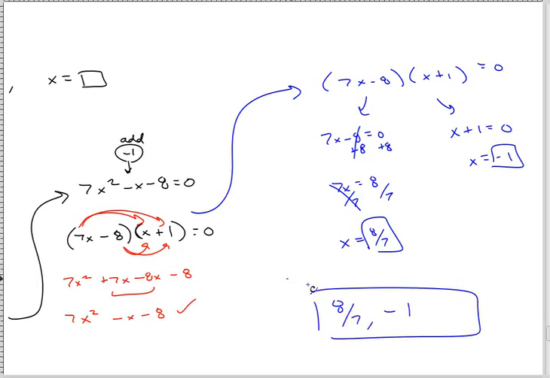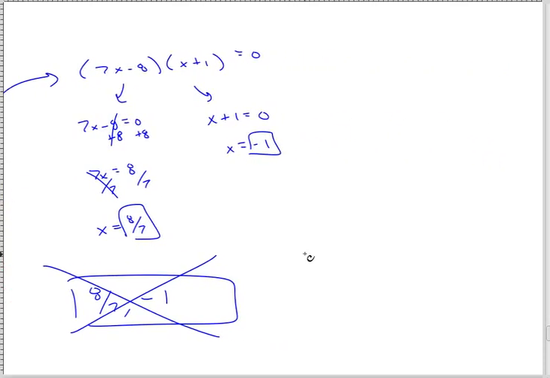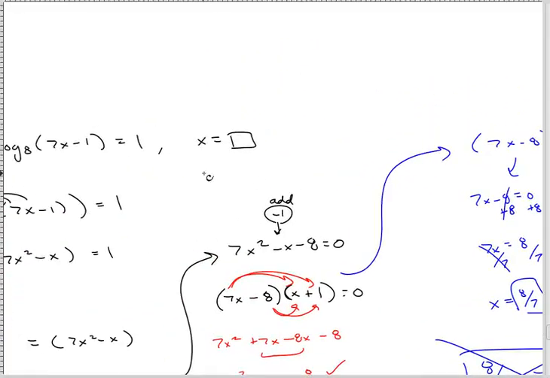The problem is that it's wrong. Yep, it's wrong. What we actually have as the only answer is this one here. This one's not the answer. And why is that? Well, I have to go back to the very first original statement.